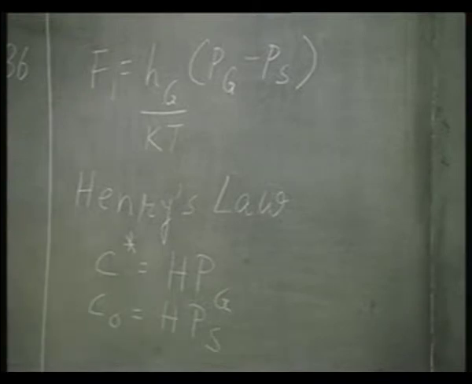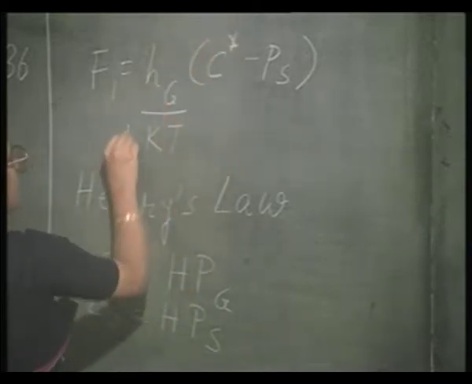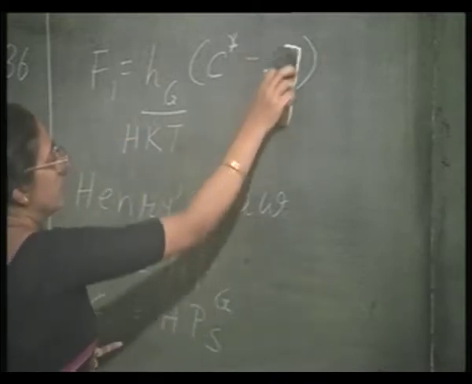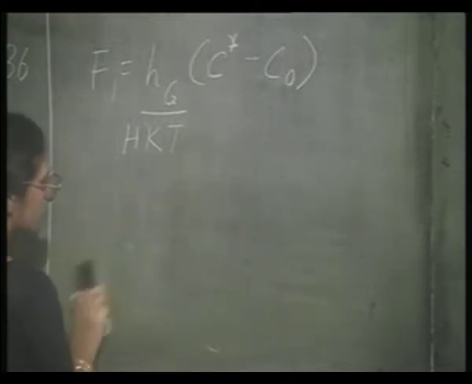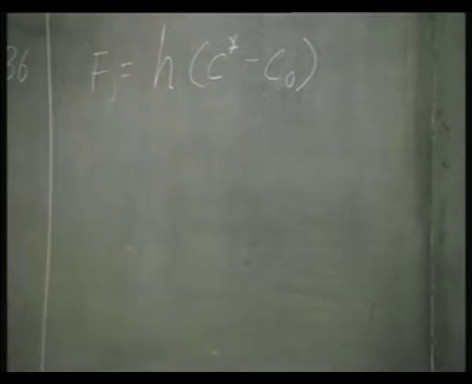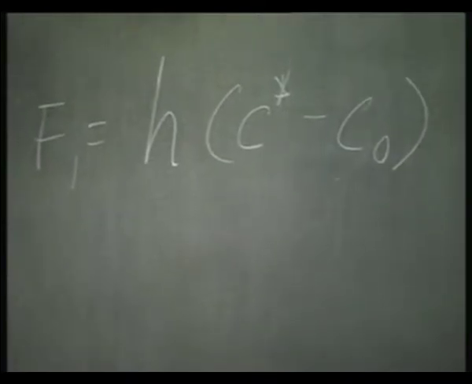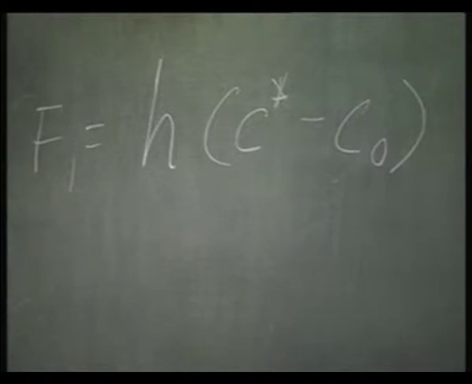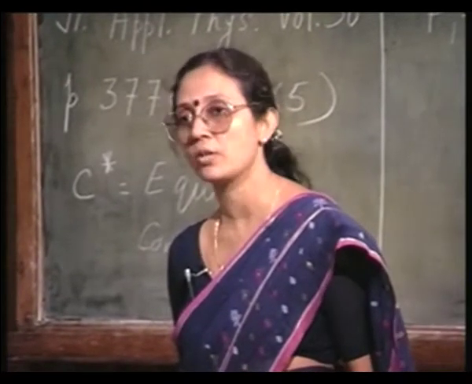So, what I can do is replace Pg and Ps accordingly, and in order to simplify matters further, let me use a constant H. In other words, I have related the flux F1 to the equilibrium concentration of the oxidizing species and the concentration of the oxidizing species at the outer surface of the oxide.